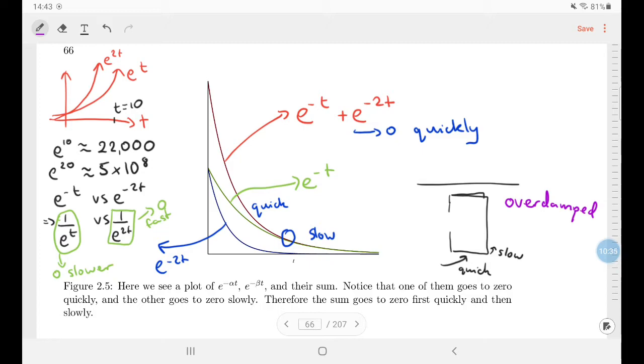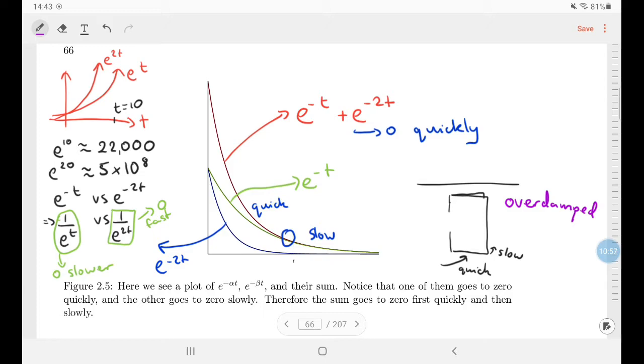But the damping kicks in so much, it basically stops the door before it's closed. What the slow bit represents is that the displacement is very, very small, and so the spring force is very, very small. And so you get this kind of behavior of the door closing quick and then slow.